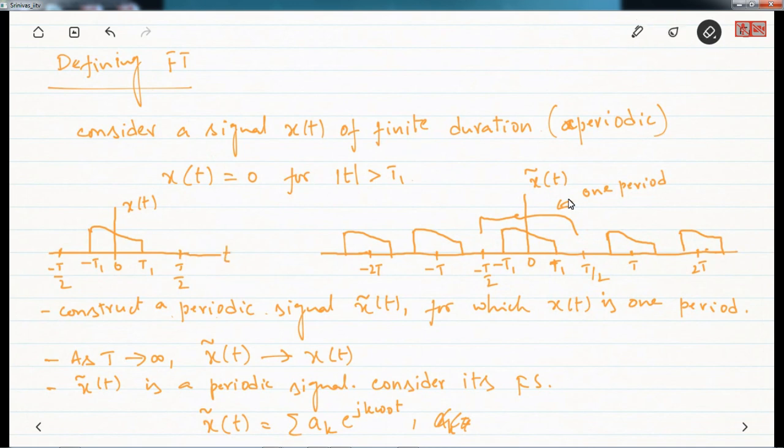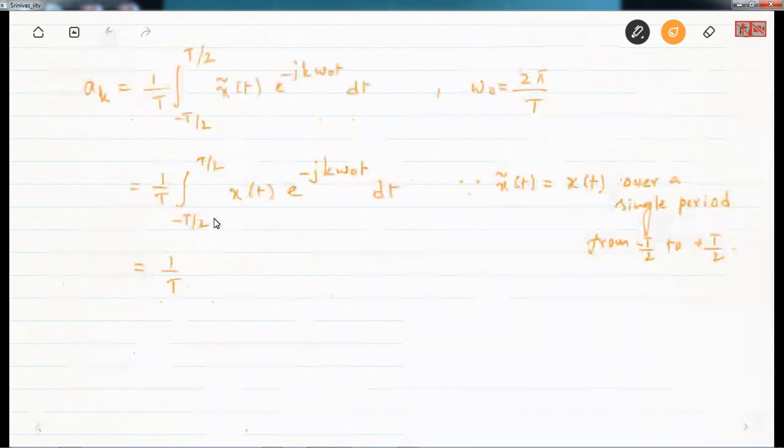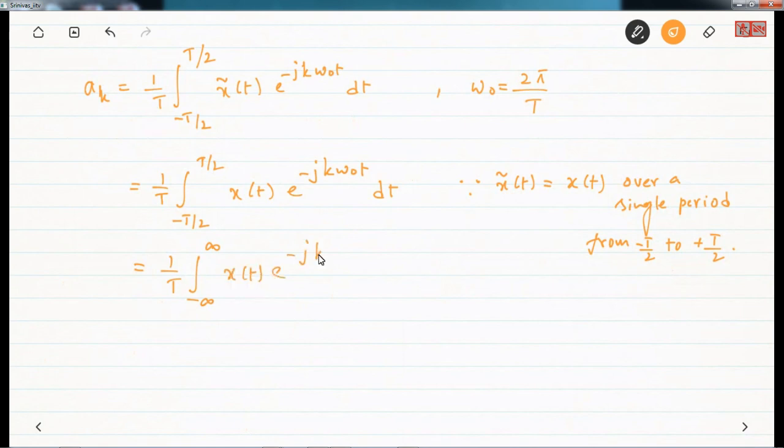So x of t is non-zero only from minus T1 to plus T1, as we have also written here. x of t is 0 for time intervals greater than T1, or it is non-zero only in this interval. So that's why I can write this integral as minus infinity to plus infinity of x of t e^(-j k omega naught t) dt.